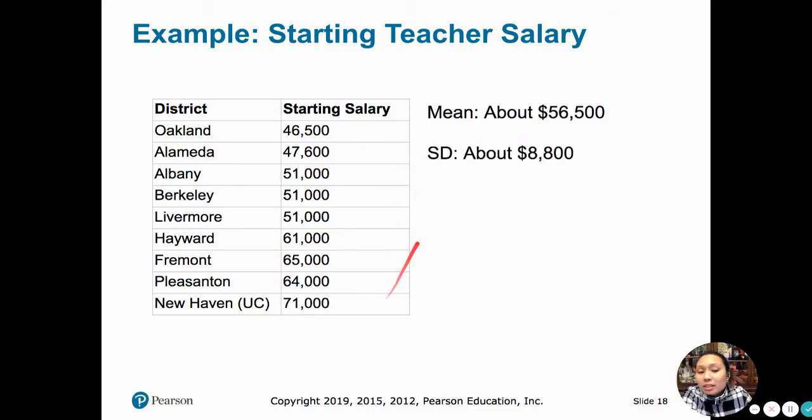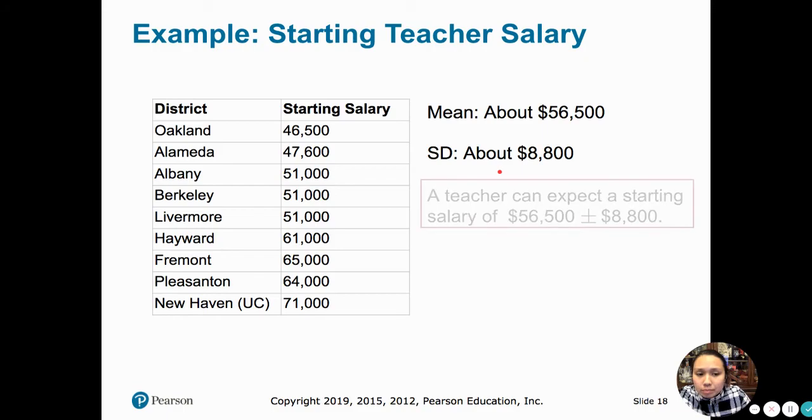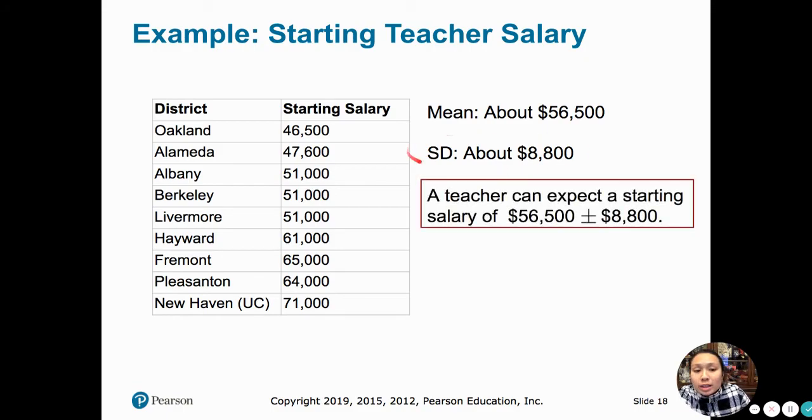Now, if we went ahead and calculated the standard deviation, that would give us about $8,800. So what this means and how we interpret this, because again, standard deviation tells us where a typical entry will fall compared to the average: knowing that the standard deviation is about $8,800, a teacher who wants to start working in the Bay Area can expect a starting salary of about $56,500, because this is the average, but we can plus or minus $8,800.